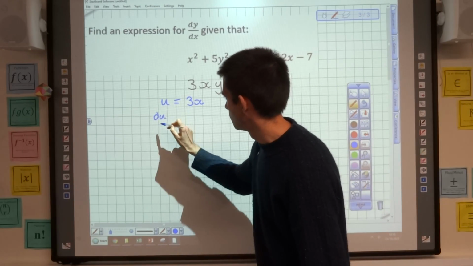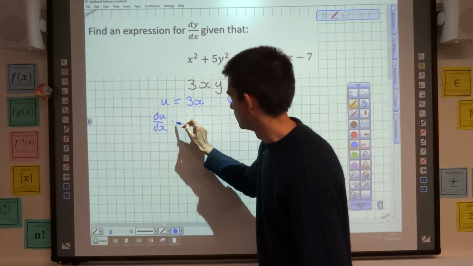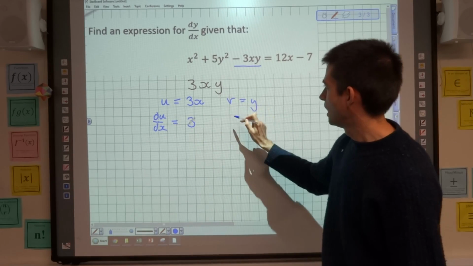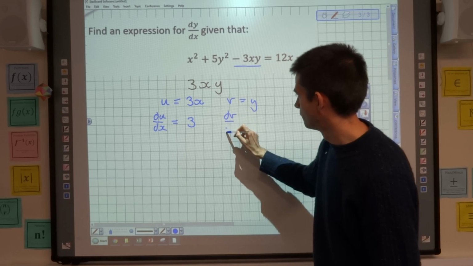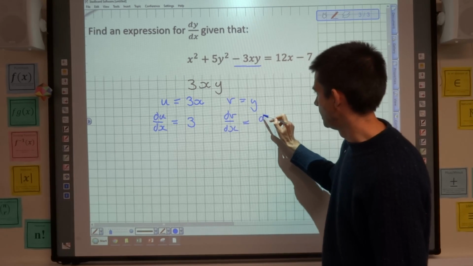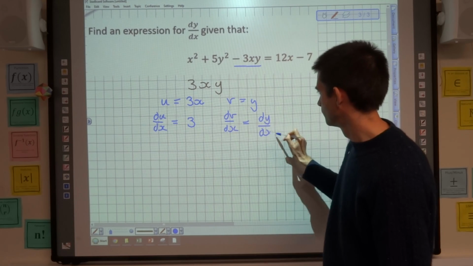If u is 3x, then du dx is going to be 3. And if v is y, then dv dx is going to be dy dx.